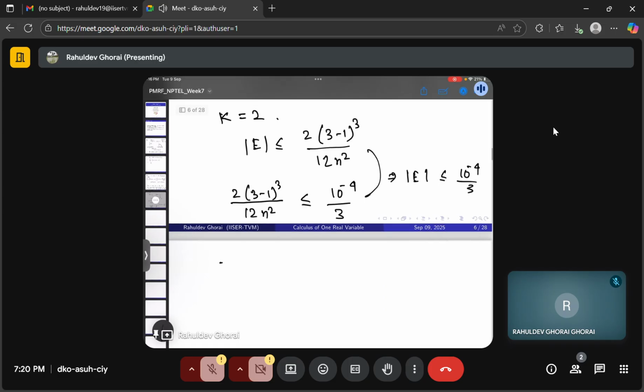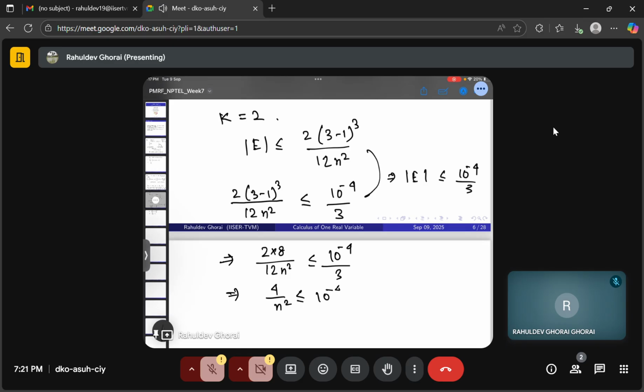So now what will happen then? That implies 2 times 2 cube is 8, so 2 times 8 over 12 n squared is less than or equal to 10 to the minus 4 over 3. That implies 4 over n squared has to be less than or equal to 10 to the power minus 4, or n squared greater than or equal to 4 times 10 to the power 4.